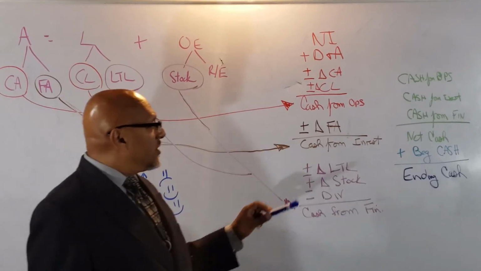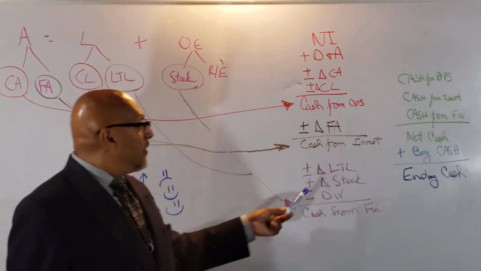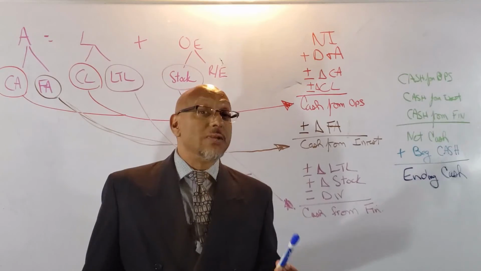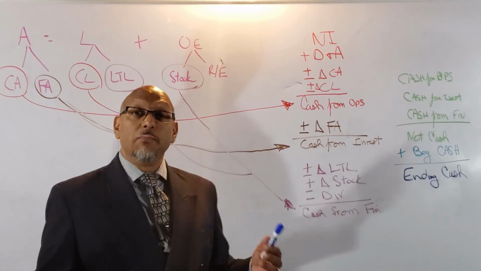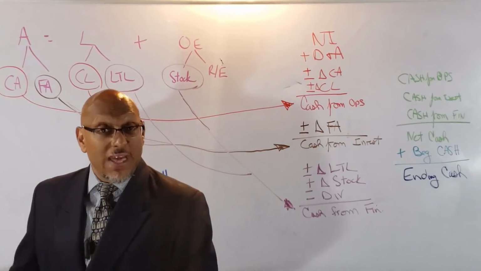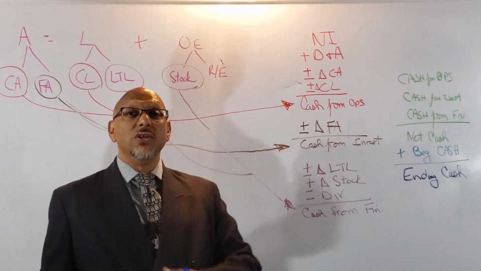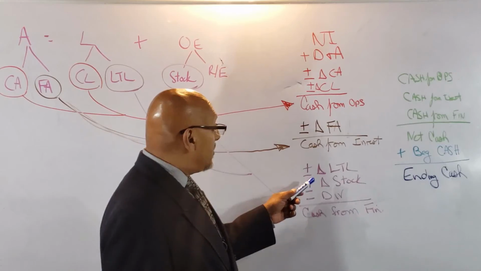The third section is whether long-term liabilities are going up or down. If it's going up, it's plus. If we're paying down debt, which is a good thing, it's bad for cash flow because you need cash to do that.